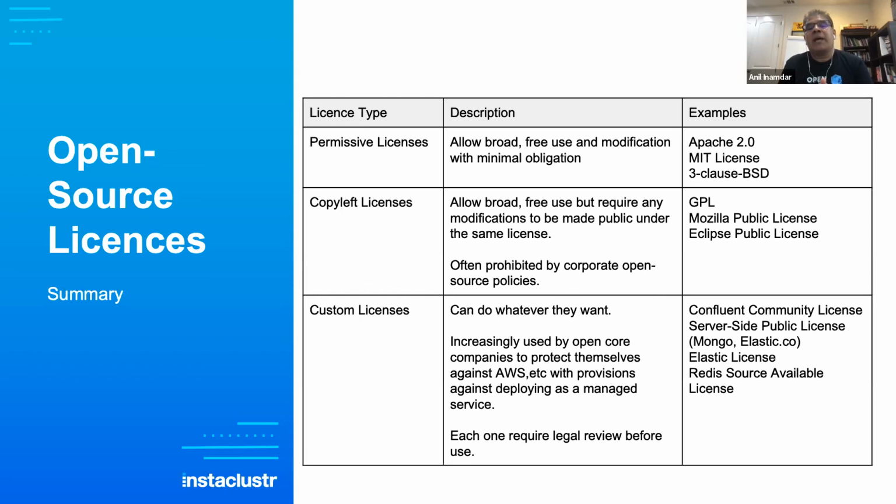I'm going to consider Elastic.co as an example in the future slides and explain how the Server Side Public License was used by Elastic.co to challenge what AWS was trying to do, but AWS had its own game plan. So it's an interesting use case. I will talk about it in the end.